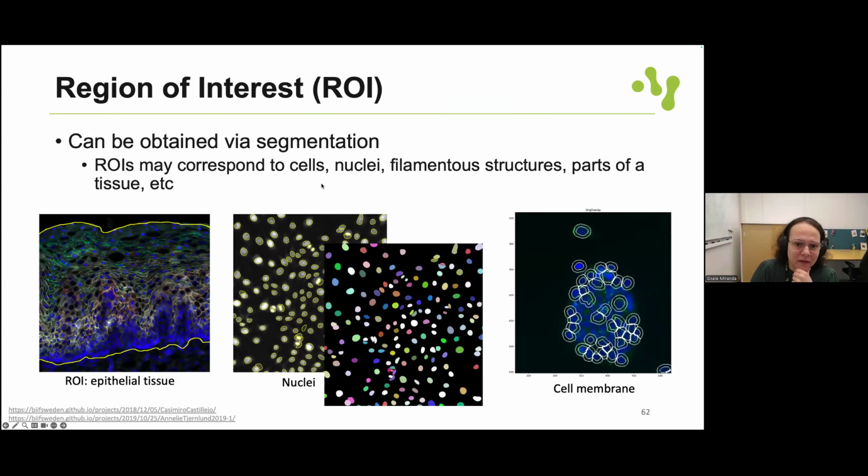In the example of the epithelium tissue, we first had to separate the epithelium from the other tissue, so our region of interest is the epithelium. But it may be the border of the cell, of the nuclei or cells. It's very common that you are interested in a protein on the cell membrane, so you can define this ring on the cell border as a region of interest.